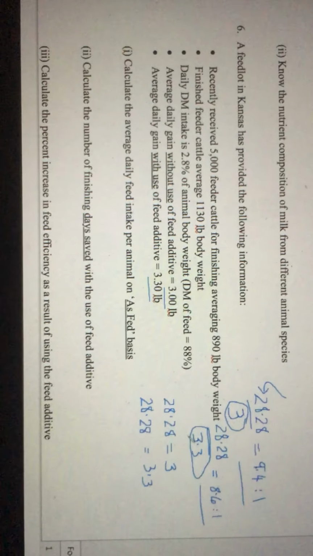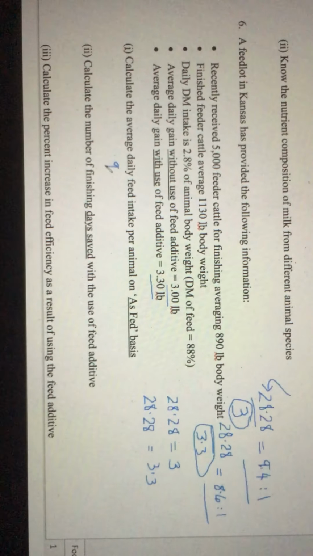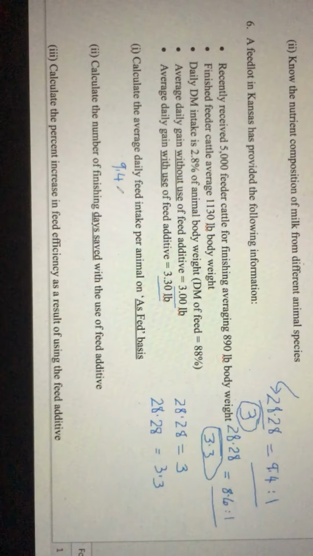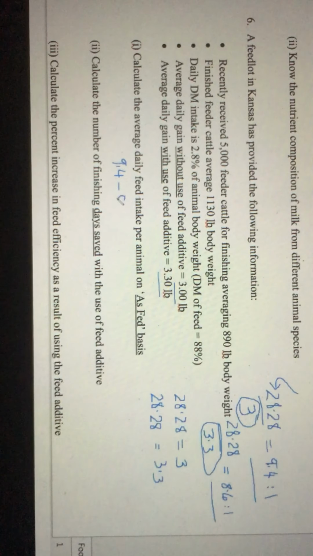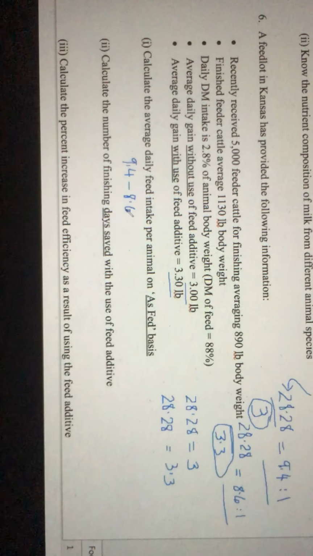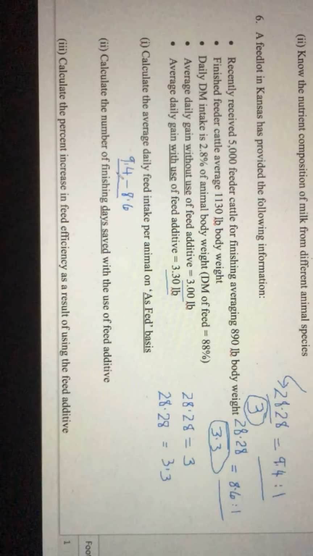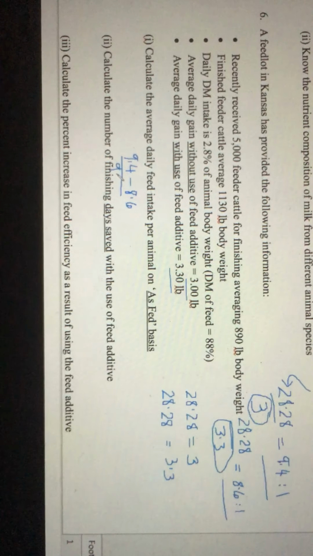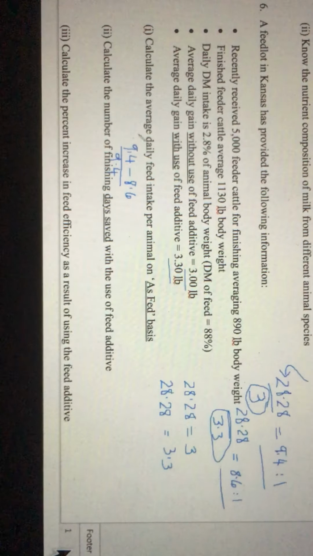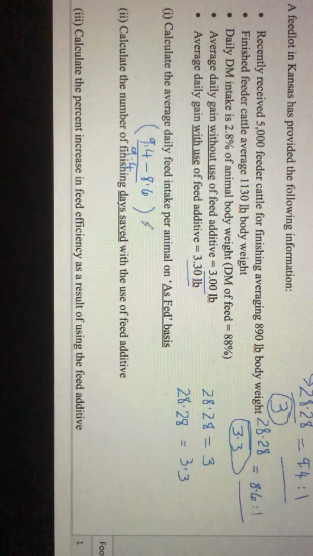The percentage increase then will be, can I do here? 9.4 to 1 pound minus 8.6 to 1 pound. Then the answer here, divided by 9.4, because that's the control, the animals not receiving the additive, times 100, to change that to a percentage.